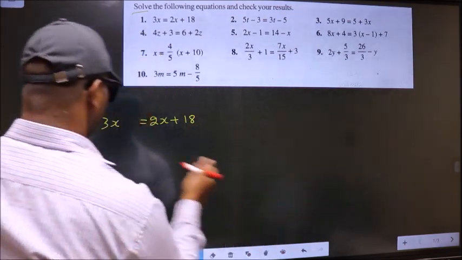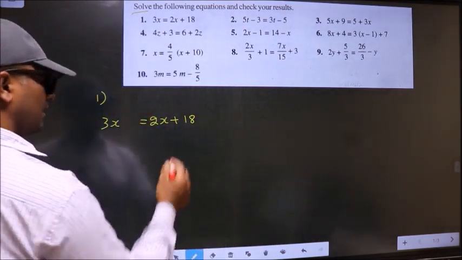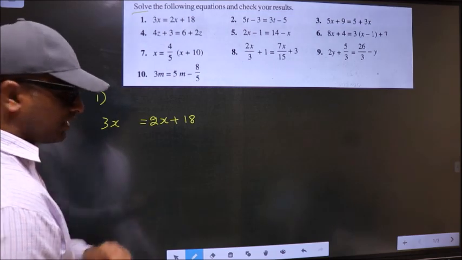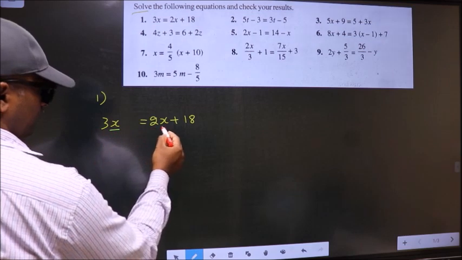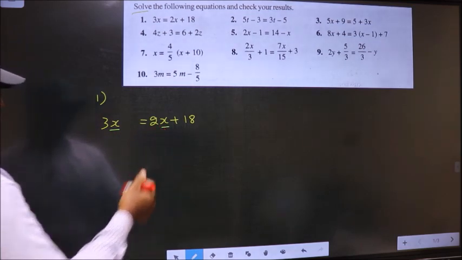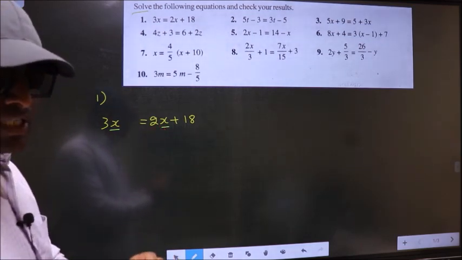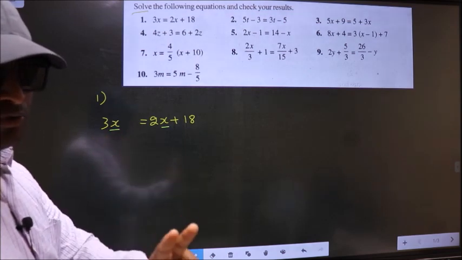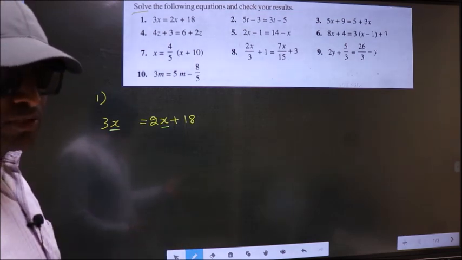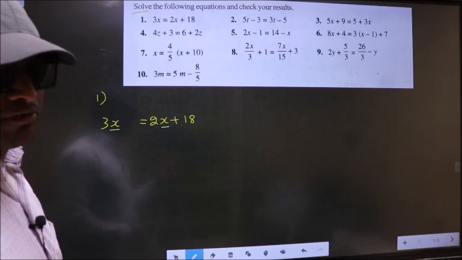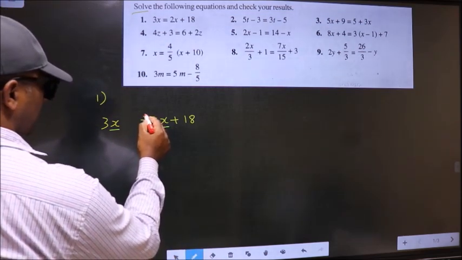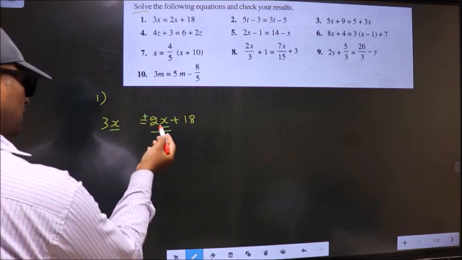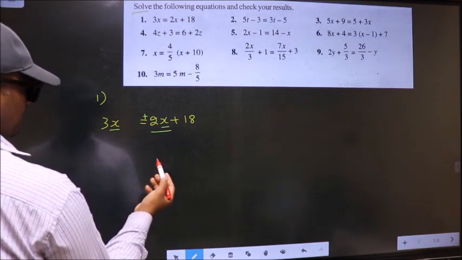Now in this equation, you observe we have x term here and also over here. So now we have x term in two places. So we should bring all the x terms on one side. For that, here we have plus 2x. We should remove plus 2x from this side.